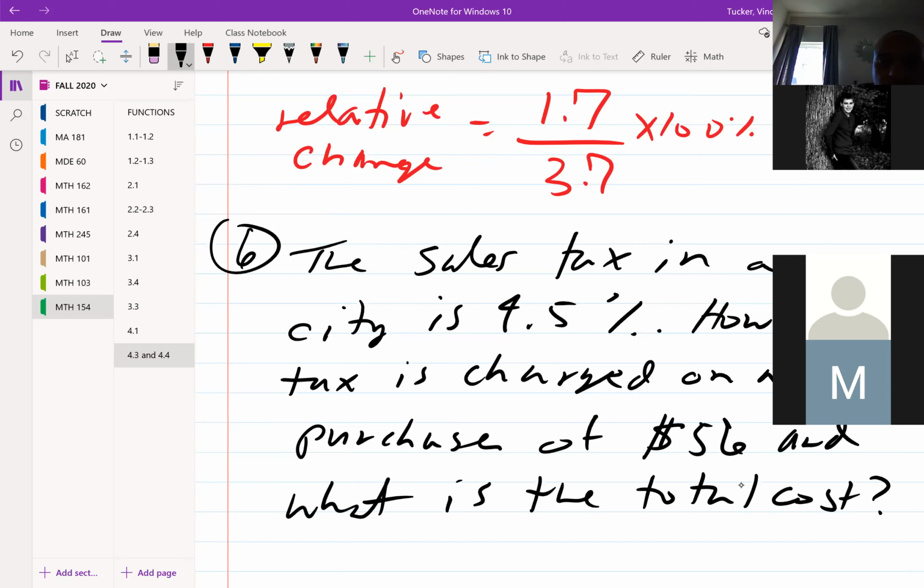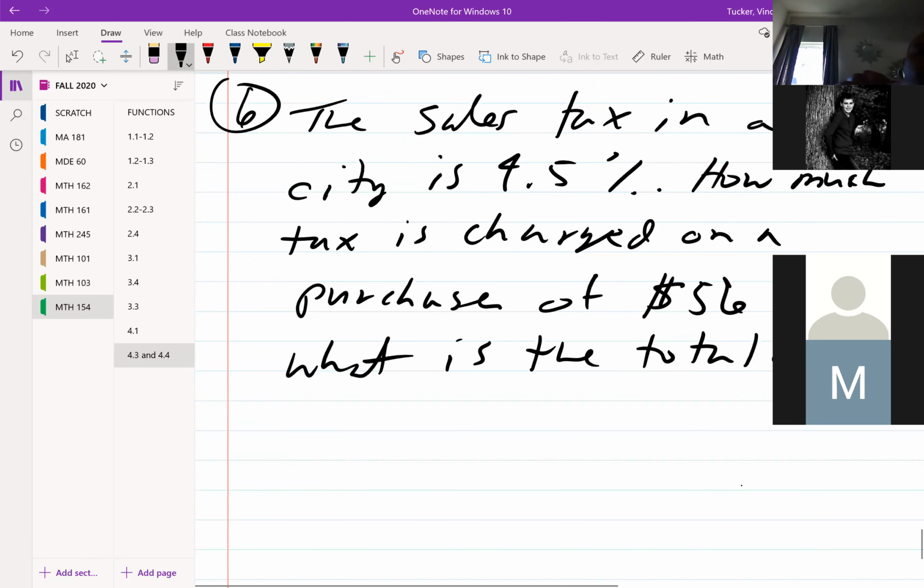How much tax is charged on a purchase of $56? What is the total cost? So this is something that most definitely you can do at Walmart or anywhere you're trying to purchase something. Notice the tax in your city, tax in your state.